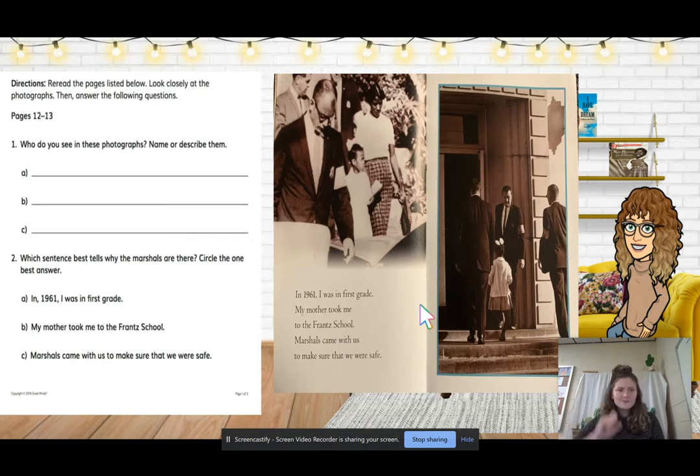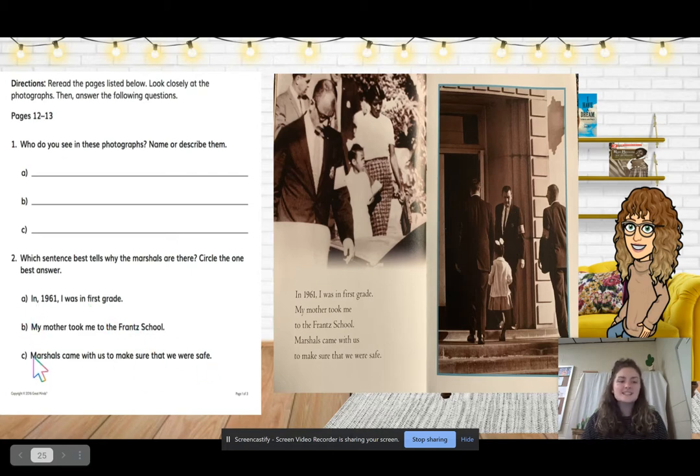Number 2, it says, which sentence best tells why the marshals are there? I'm going to read that again. Which sentence best tells why the marshals are there? A, in 1961, I was in first grade. B, my mother took me to the France school. Or C, marshals came with us to make sure we were safe.